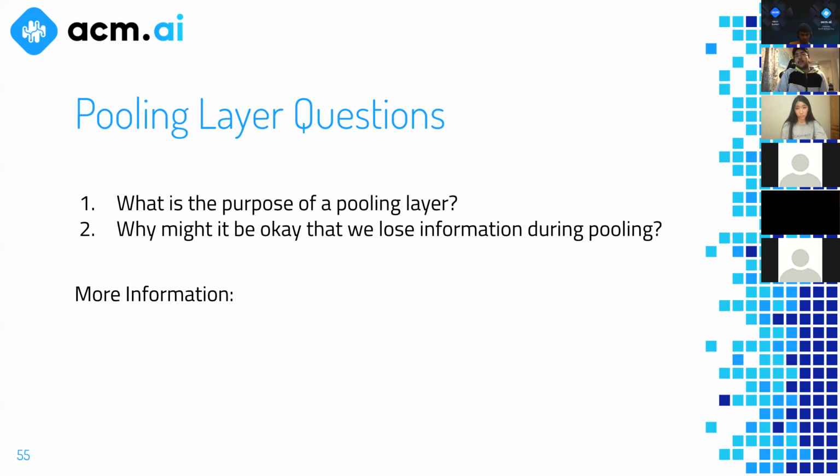For number 2, we could weigh the advantages and disadvantages of average pooling and max pooling. Someone in the chat said save computation time, so that could be one of our advantages. Anyone else?